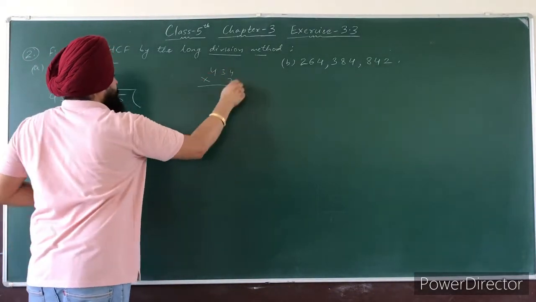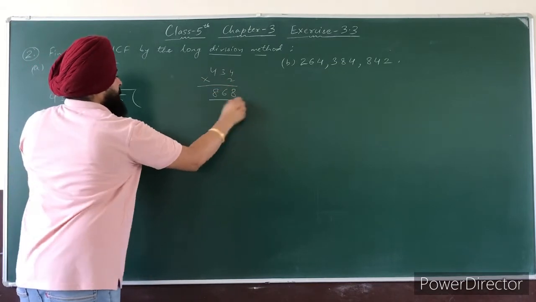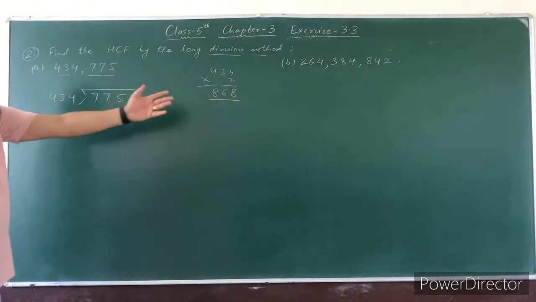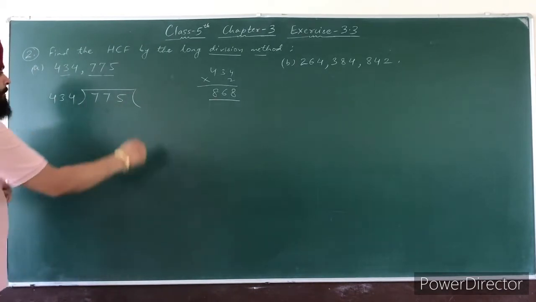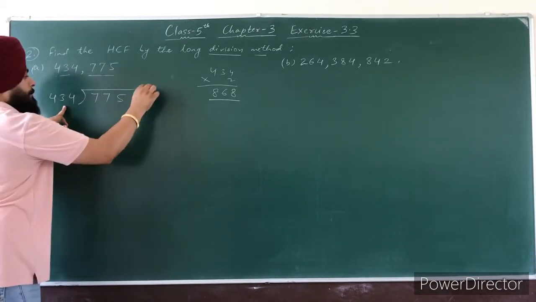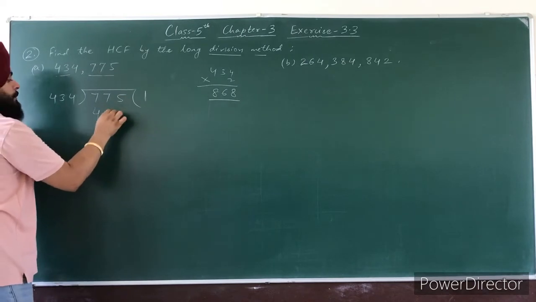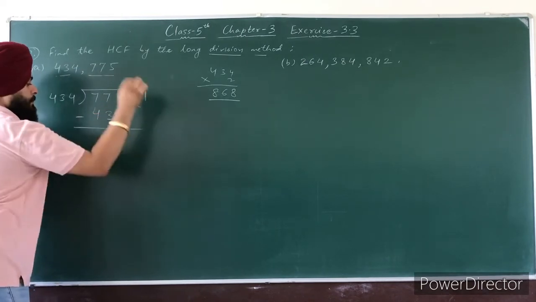It is 868, which is greater than this 775. So we will take 1. 434 ones are 434.